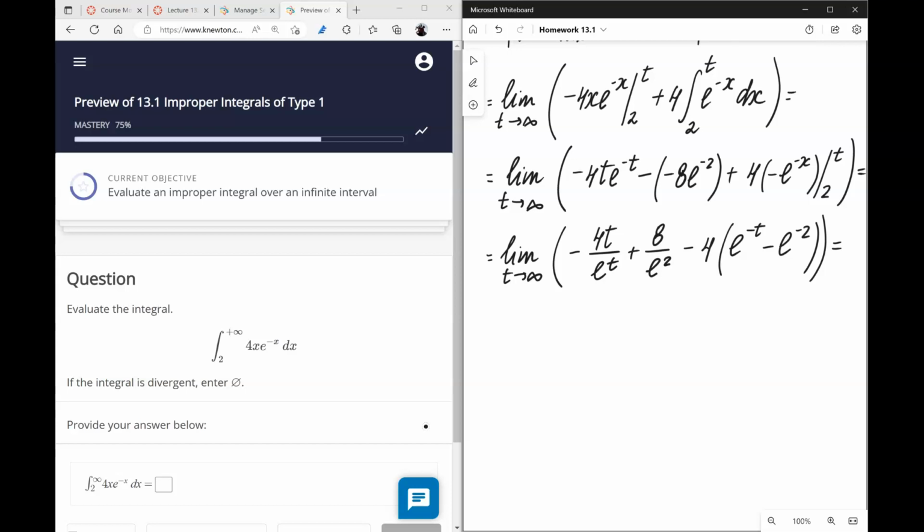And as t goes to infinity, some of these expressions become 0.